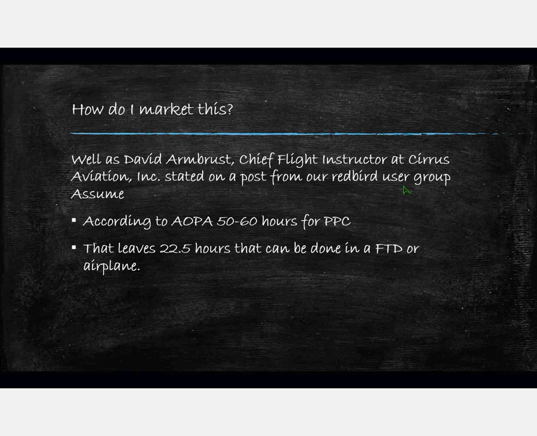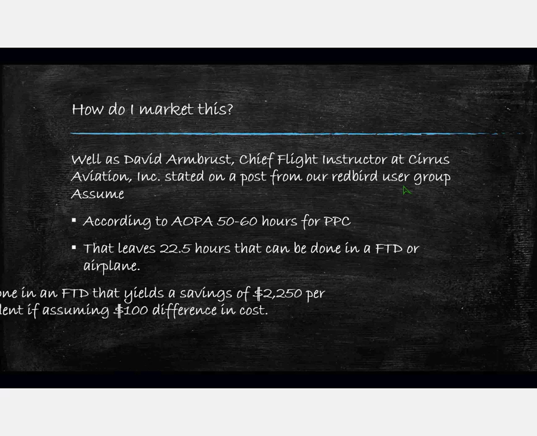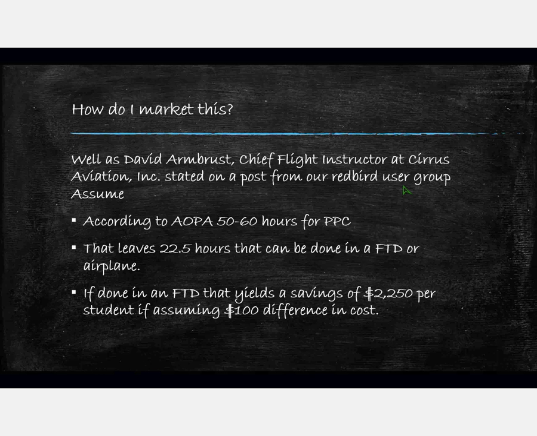That leaves 22.5 hours that can be done in either an FTD or an airplane, if that's truly how many hours it takes. If it's done in an FTD, that yields a savings of $2,250, assuming a $100 difference in cost. I mean, if that isn't compelling for you to sell to students, I don't know what is.